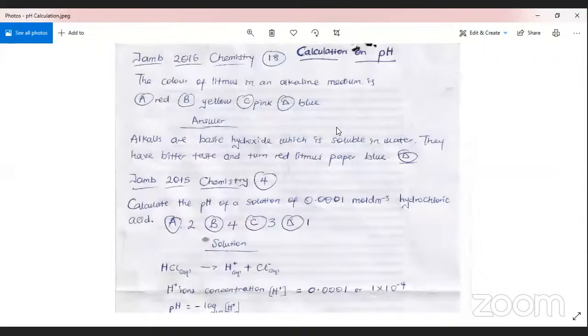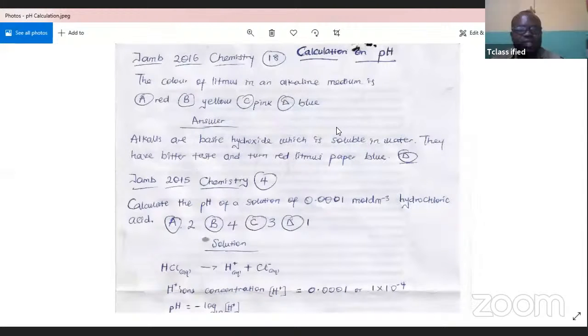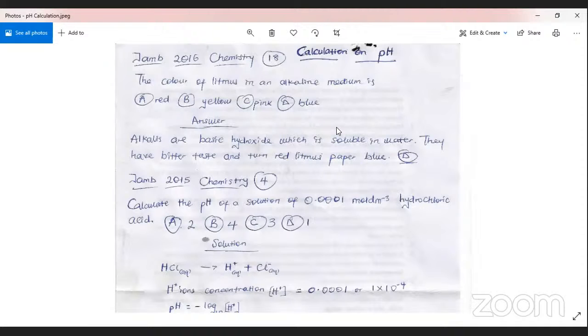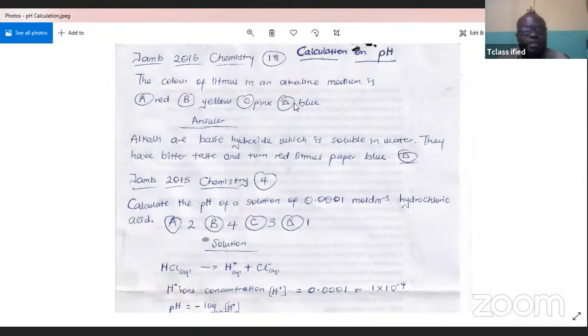So what do we think is the answer from what I said? Blue, D, because alkalis are basic hydroxides, which we already looked at in the class we just had, soluble in water. So alkalis are bases that are soluble in water. They have a bitter taste and they turn red litmus blue. So option D is the right answer.